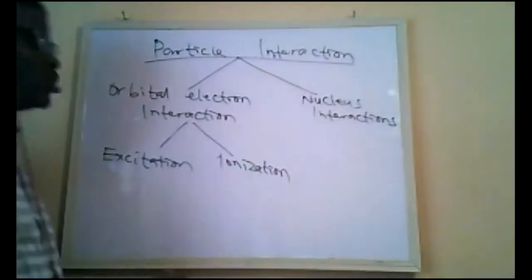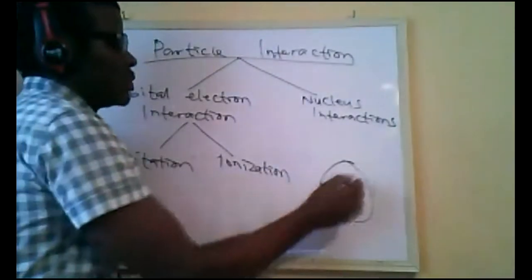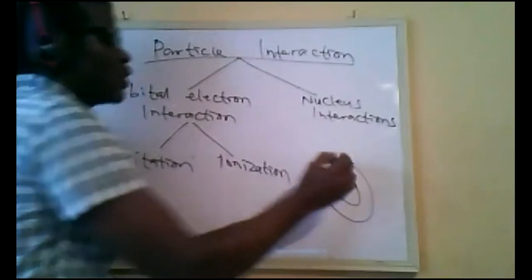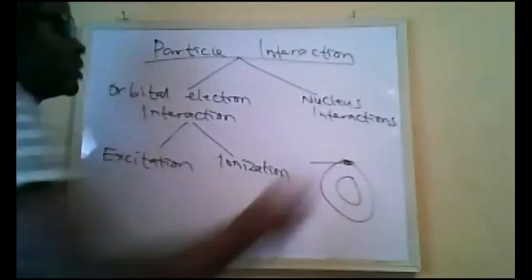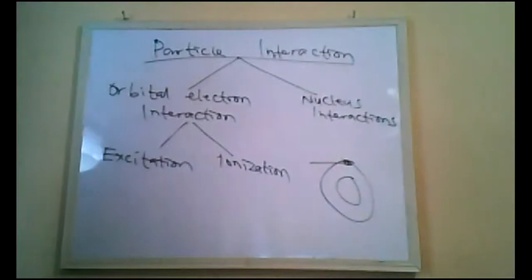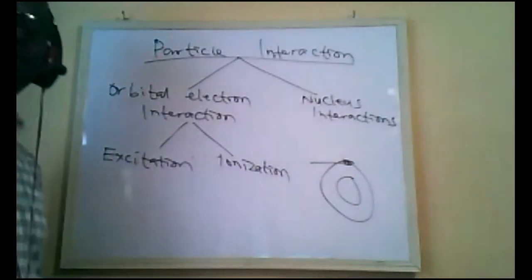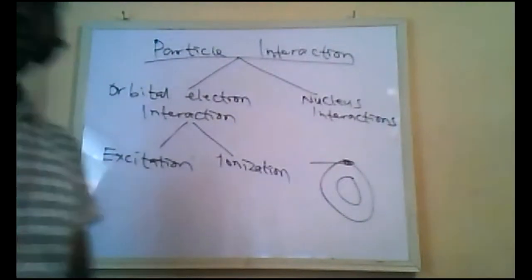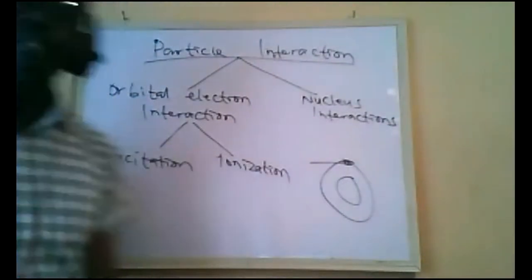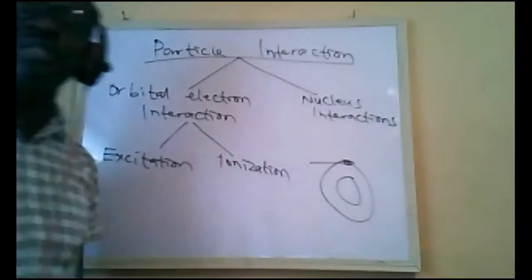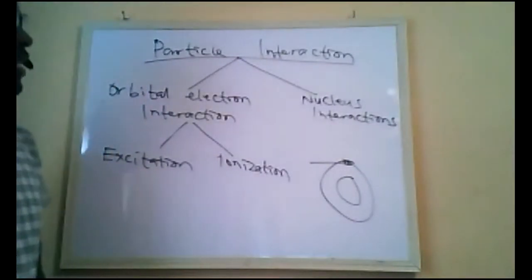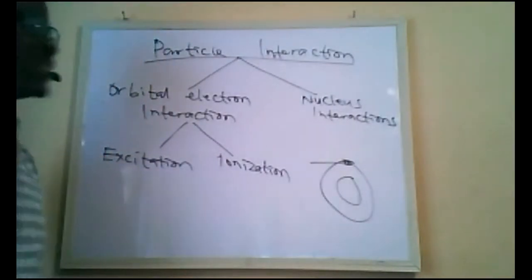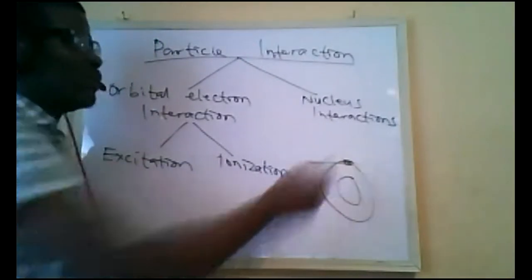You have a particle interacting with this. The particle can cause the electron here to become energetic. It mustn't impart so much energy; it imparts an amount of energy into it and it becomes excited. It gains energy, and when it gains energy, it is no longer comfortable.